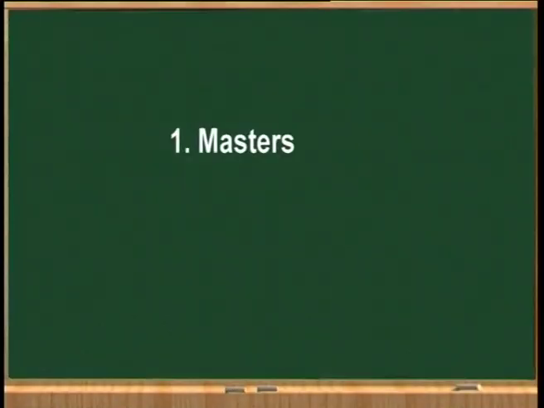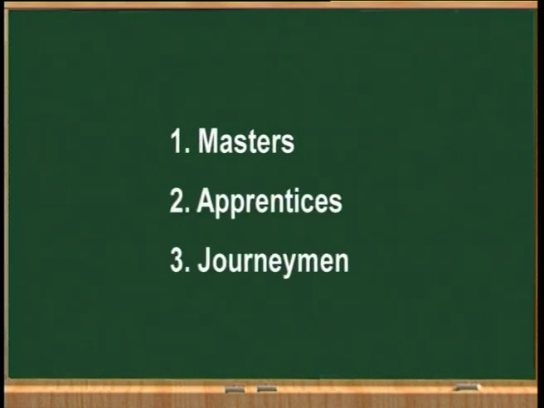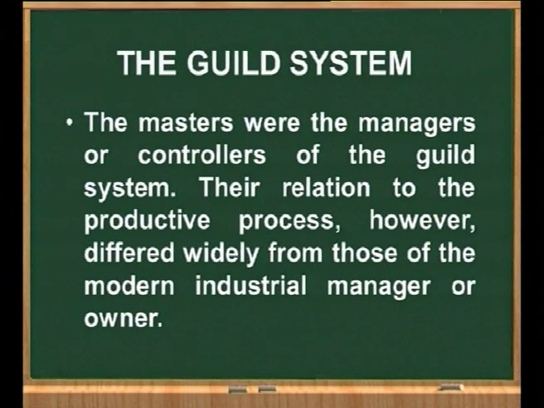Turning now to the internal social structure of the guilds, the most important formal social relationships existed among three classes of members: masters, apprentices and journeymen. The masters were the managers or controllers of the guild system. Their relation to the productive process, however, differed widely from that of the modern industrial manager or owner.